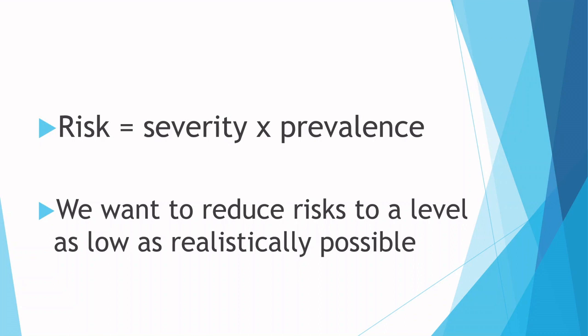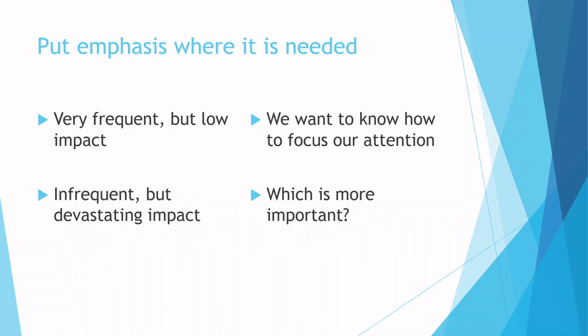There's always going to be some theoretical risk that's there, but we are going to do our best and we are going to try as much as possible to reduce the risks and make it realistic. So we need to put emphasis where it's needed. Some hazards are very frequent, but they have low impact. And in other cases, we could have infrequent but devastating impact hazards. How do we know which one's more important?